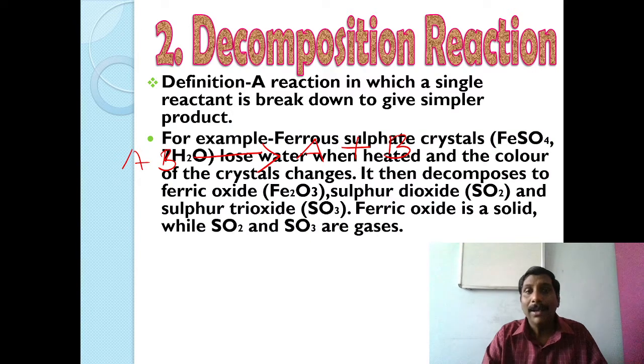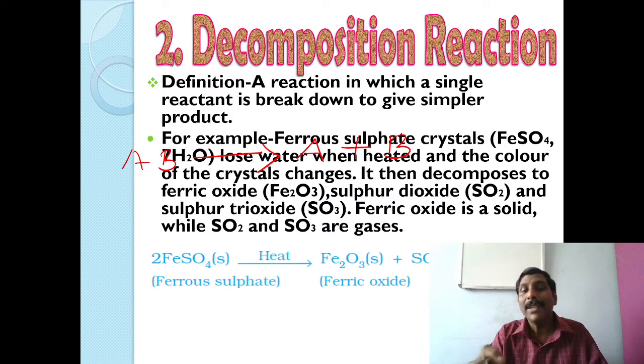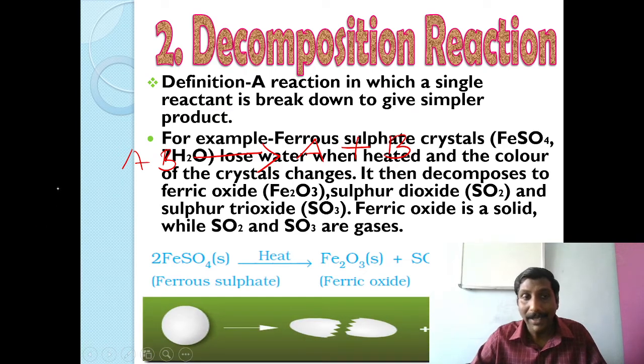For example, we have a ferrous sulfate crystal. When it undergoes heating, it gives ferric oxide, sulfur dioxide and sulfur trioxide. That is, a complex molecule, ferrous sulfate, undergoes decomposition to give simpler molecules: ferric oxide, sulfur dioxide and sulfur trioxide.